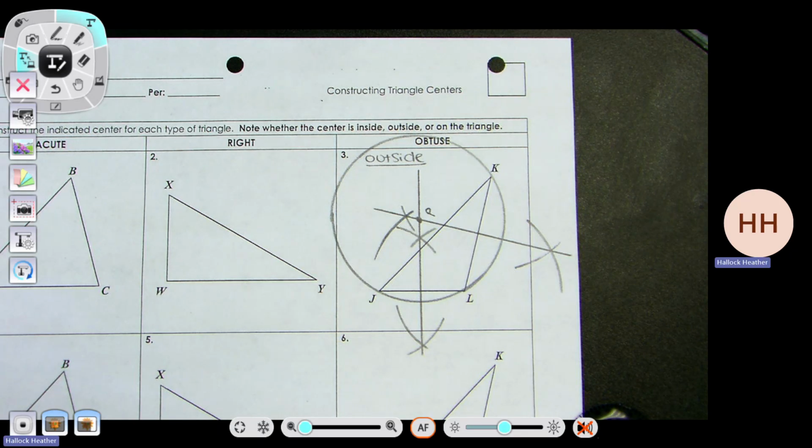Well, we've got perfect ones. So this one you just did a little short. Sometimes your arc might be a little short. You do both sides.